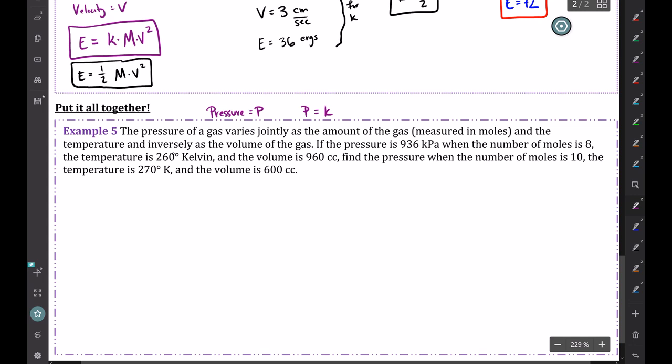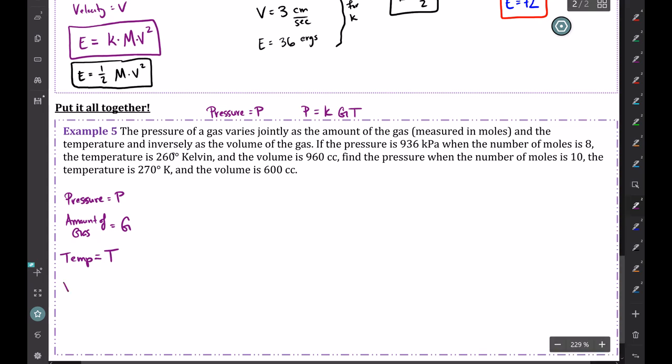Let's see here. I'm going to write these variables down. I have pressure, denoted by P, amount of gas, I'll denote by G. So that's P equals KG, and then the temperature, so that's KGT, where temperature is T. Because we said that it's jointly varying, so we know there's going to be some type of product. So it's K times GT, and it's inversely as the volume of gas.